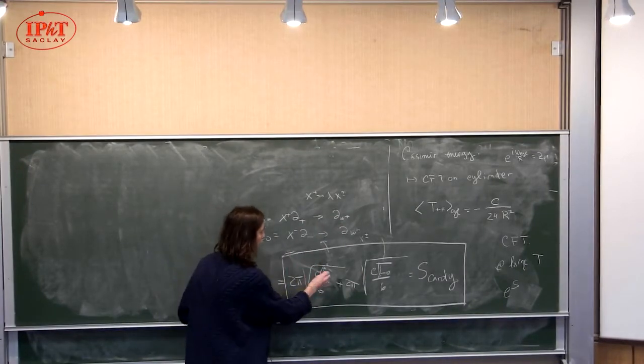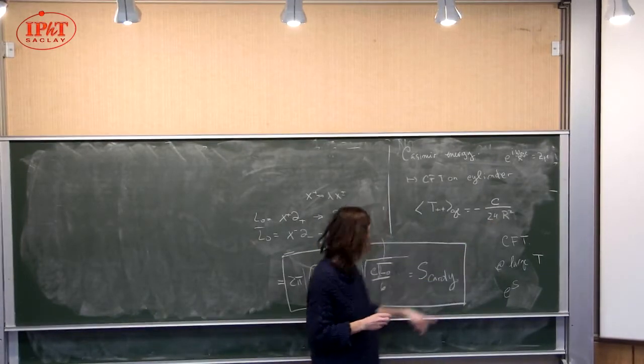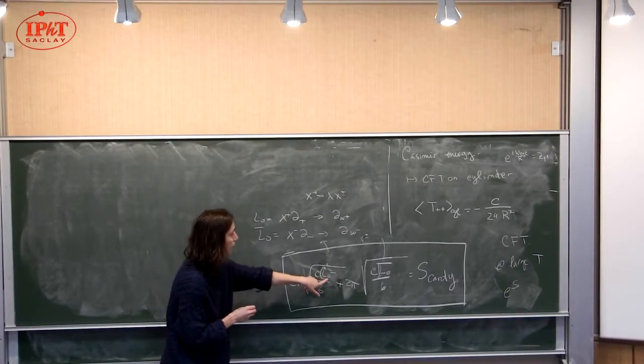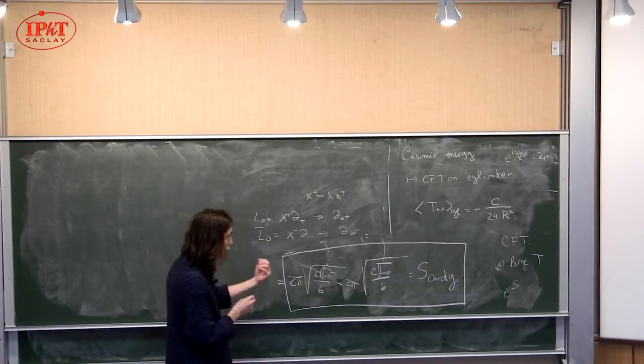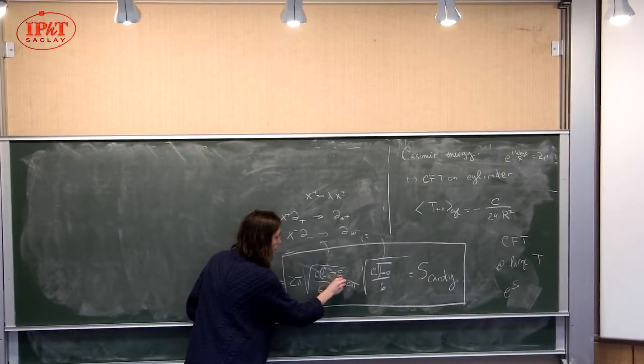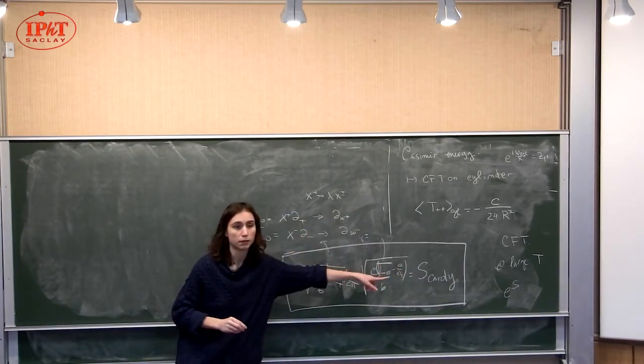Moreover, if we go to the cylinder, we have to take into account this shift due to the Casimir energy. So the L naught on the plane is related to the actual energy plus angular momentum on the cylinder by a shift of c over 24. So I have to shift each of them by minus c over 24 here.